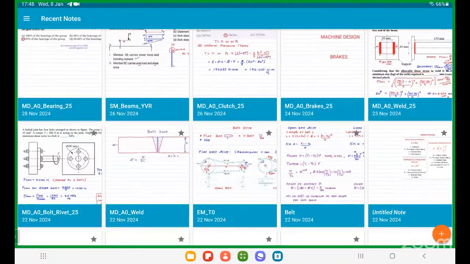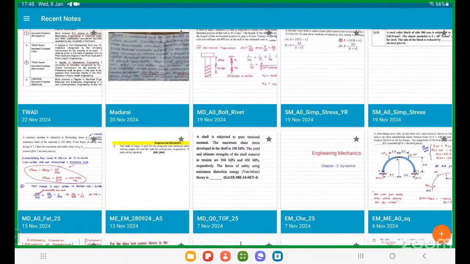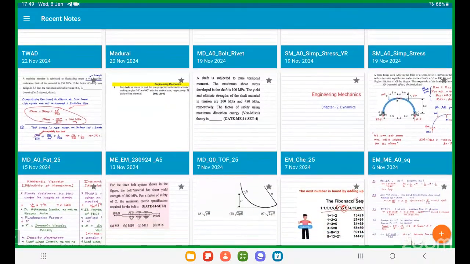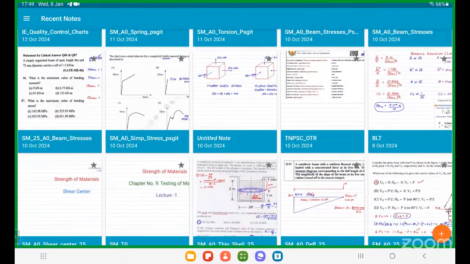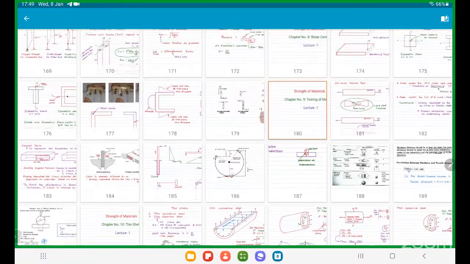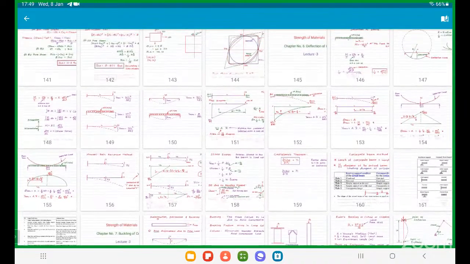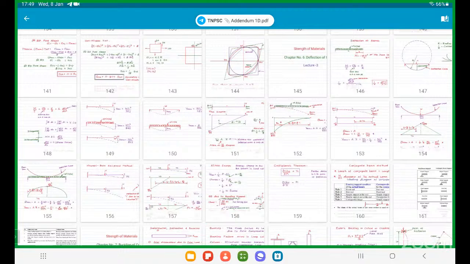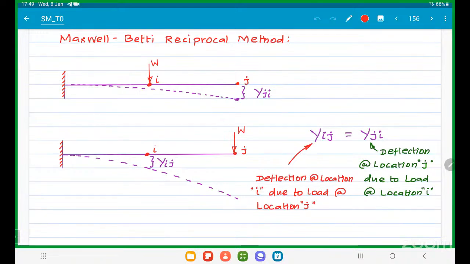Deflection. I told, right, Yij equal to Yji.